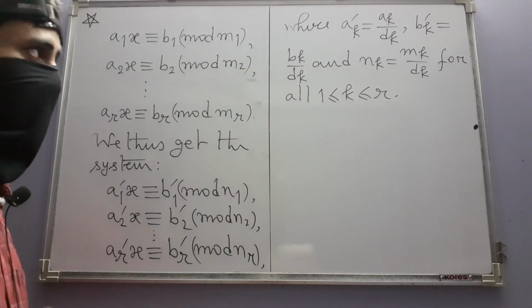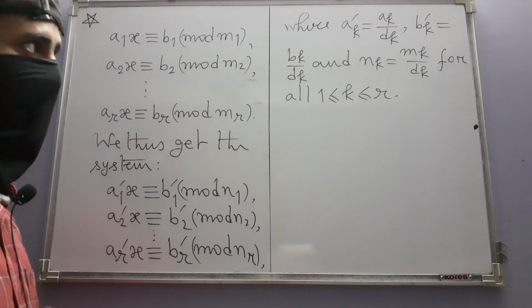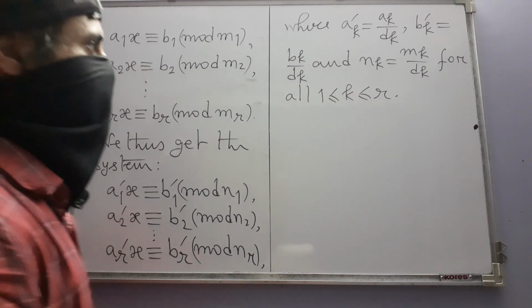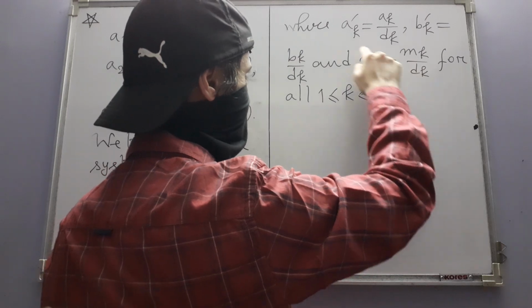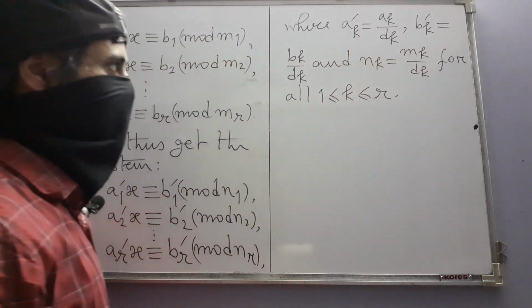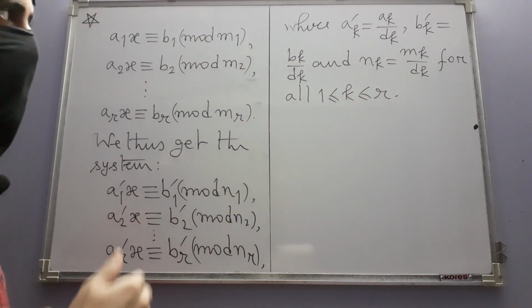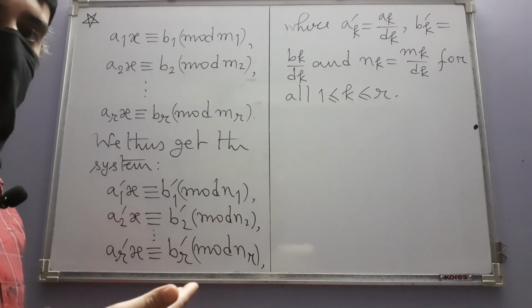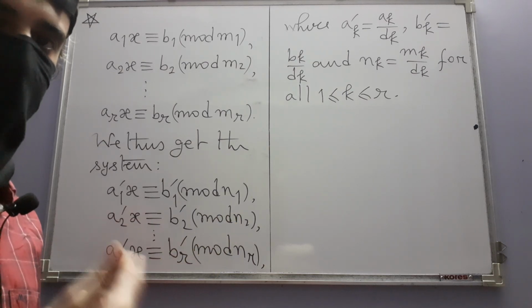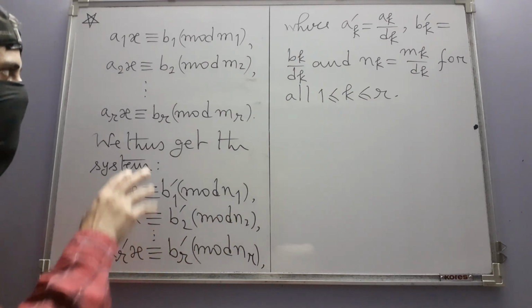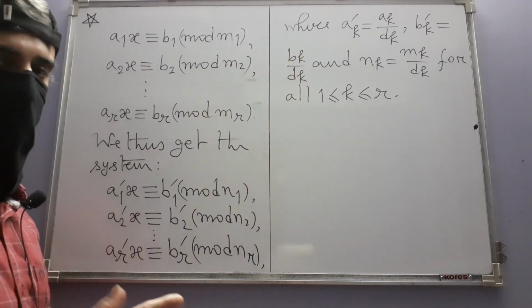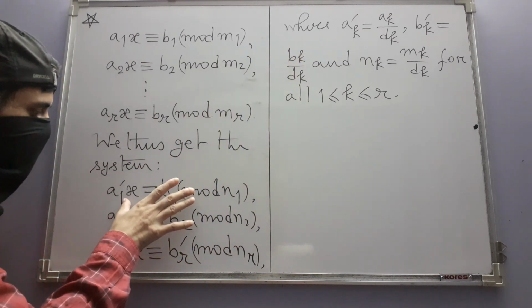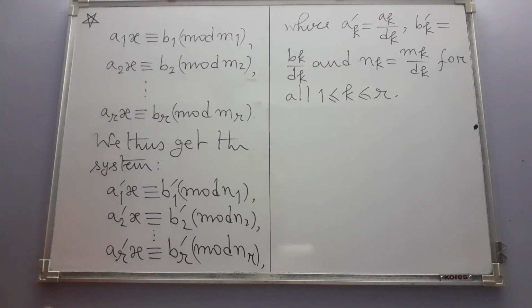Already, because dk is the GCD of ak and mk, so dk already divides ak and mk, and that's how we are getting these integers ak prime and nk. But with that we also have the condition that dk divides bk, and in fact that is why the kth congruence will be solvable, so that bk prime is also an integer, and that's why you now have this new system.